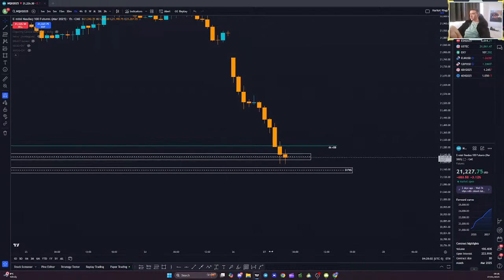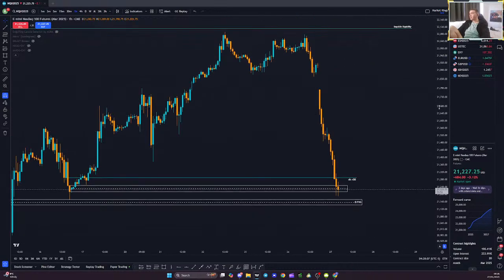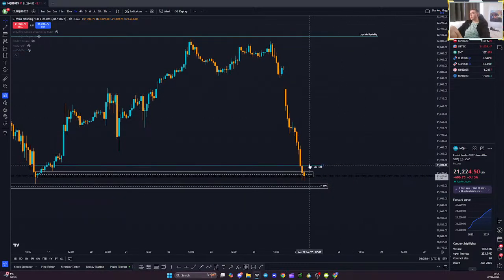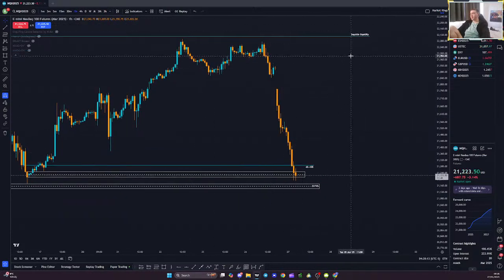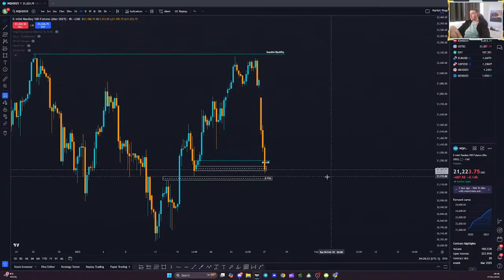There's not really much going on. Overall, I did show you what my bias is. Towards the end of the week I want to see Nasdaq be back up in this area. For now we're just waiting.